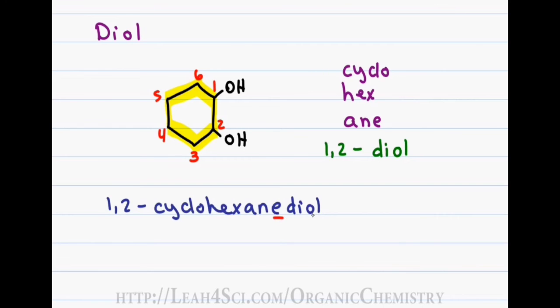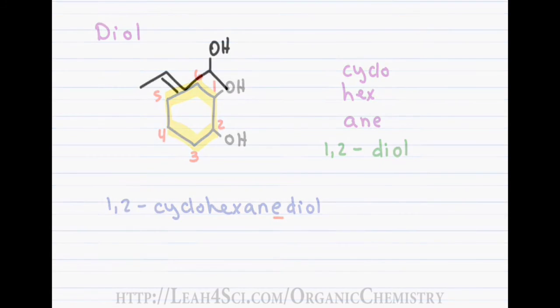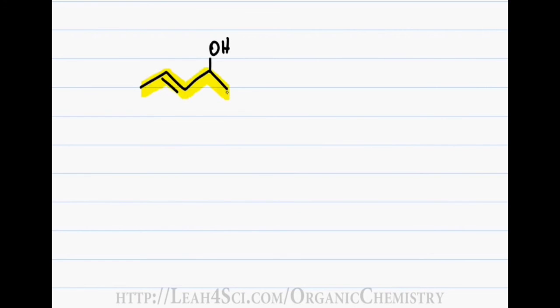Let's try an example with the pi bond. Identifying my parent chain, I see that I have a total of 5 carbons. If I number from the right, I give my pi bond the number 2. If I number from the left, I give the alcohol a 2. Since the alcohol is higher priority than the pi bond, I number from the right for a total of 5 carbons, giving me a first name of pent.